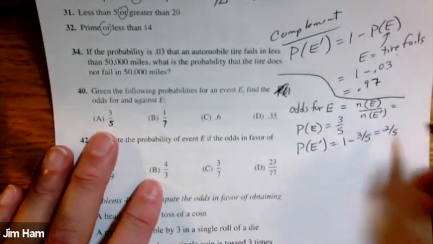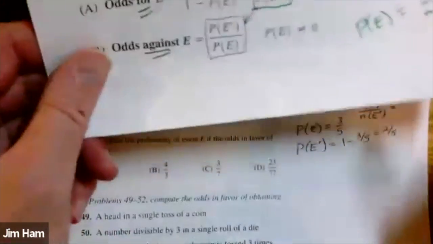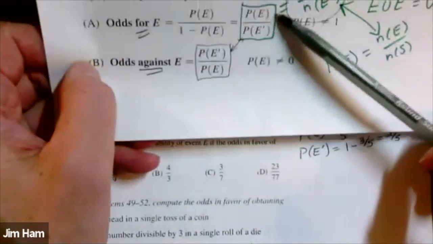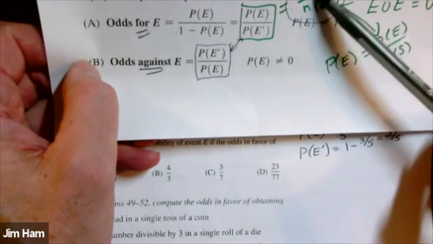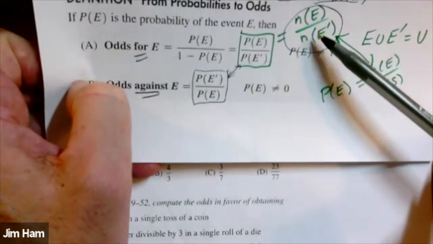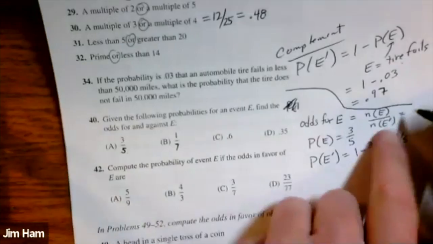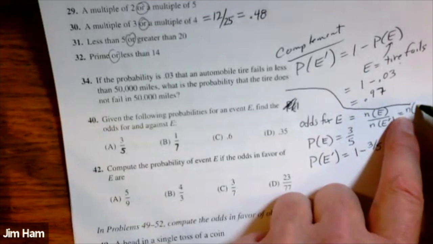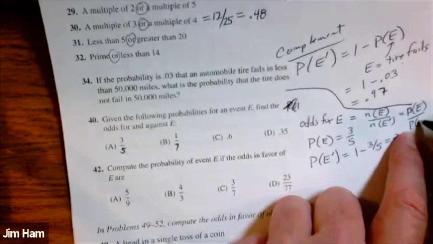which is 2/5. Now, the odds for E is given to be one of these two: the probability of E divided by the probability of E complement, or the number of ways E can occur divided by the number of ways that E complement can occur. Since we have both probabilities, we can use the probability of E divided by the probability of E complement.